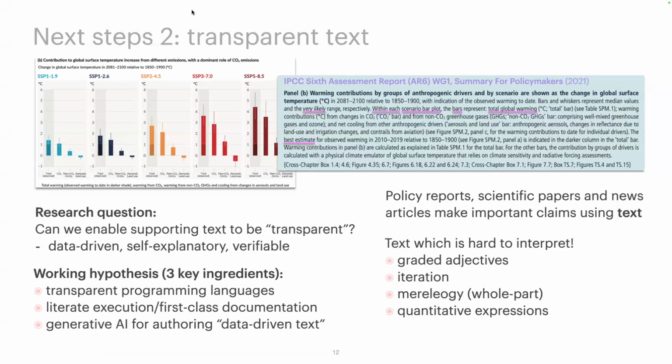And then the third component is some kind of AI tooling for making it practical to author this sort of content. You could imagine you're authoring a report, for example, and you're writing just natural language.